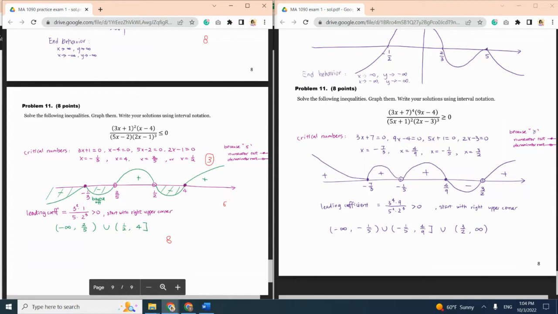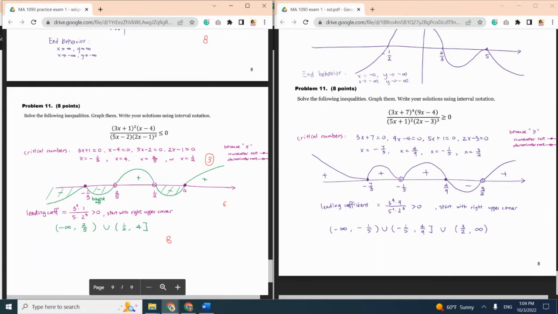So that's why minus infinity, because this one is not missing, so just keep going until you reach negative 1/5. Parentheses, because this point is not included. Union, negative 1/5 up to 4/9. Brackets, because we want to include the endpoints. And then here, 3/2, parentheses, because it's an open circle, up to infinity. Can you see how similar the actual exam and the practice exam are?